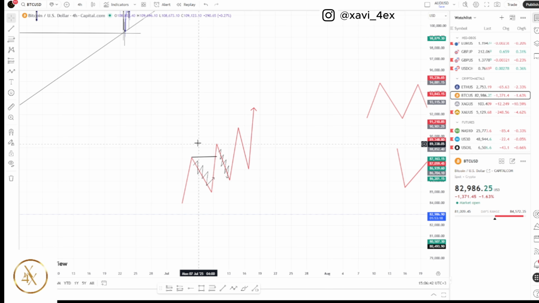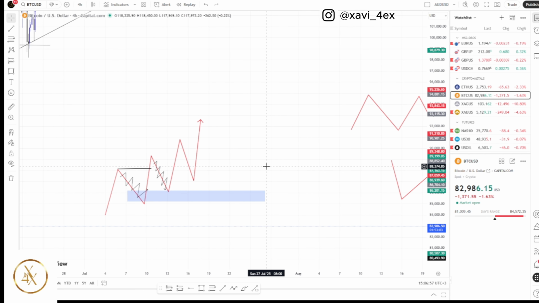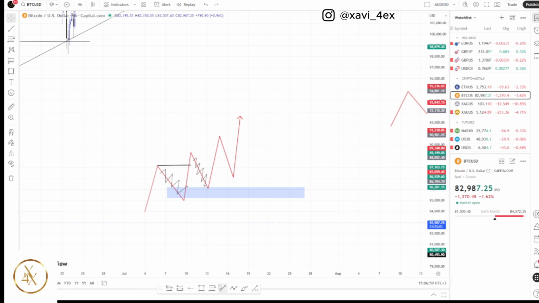And what is being generated here, remember now we have a big time frame POI around these levels here. We have a big time POI around these levels. So we'll have resting liquidity around that area there.